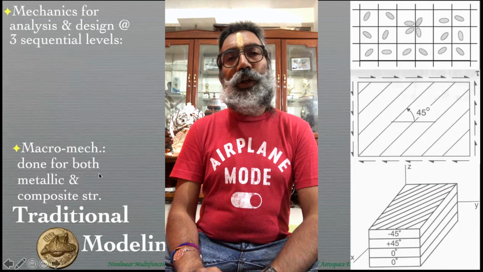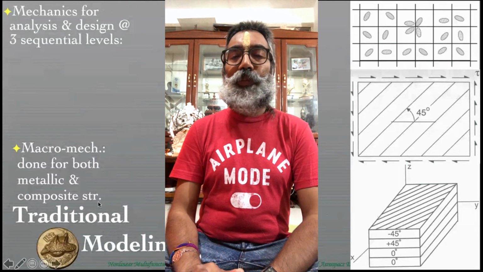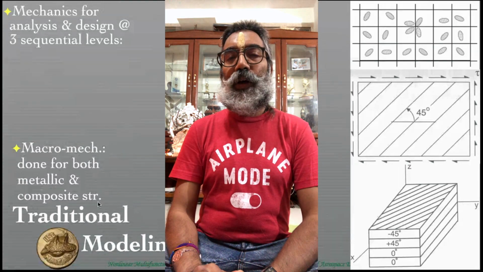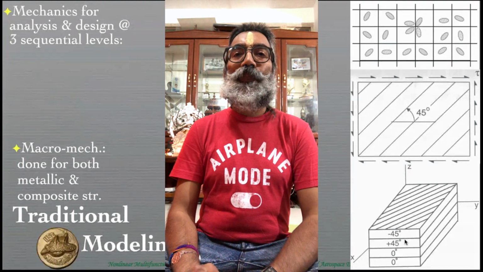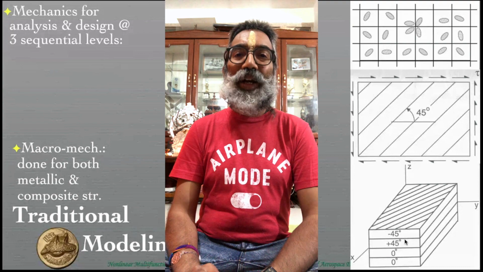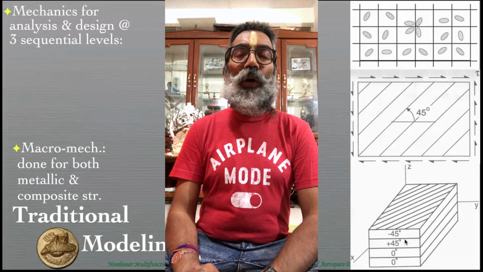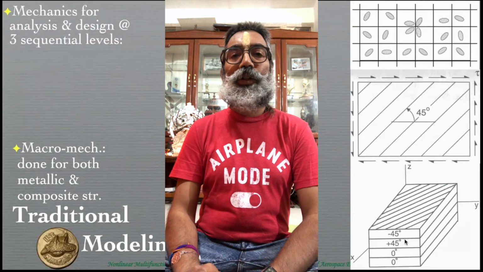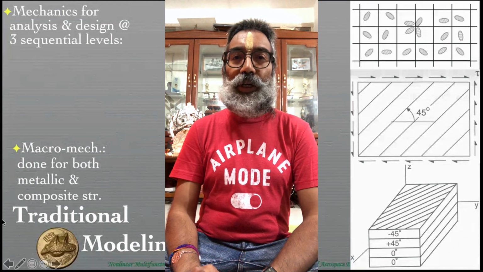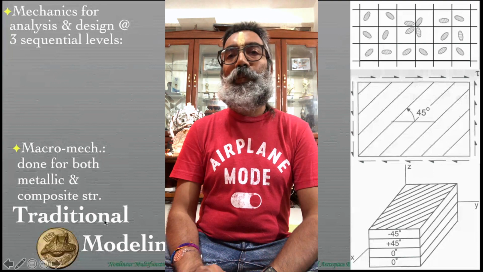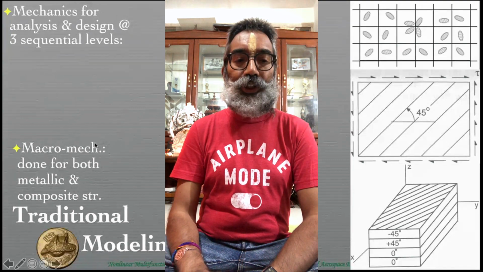So this is done usually for both metallic and composite structures. So many of the takeaways from what we do over here will be almost directly applicable to metallic structures as well, because we are all going to be restricting ourselves to within the elastic limit, and then the behavior is not very different. A specialized case of composites would be treated as metallic structures.